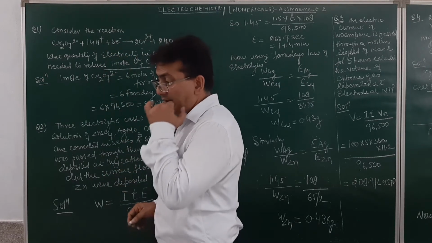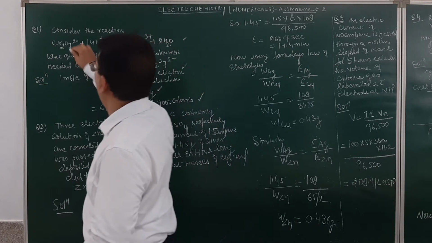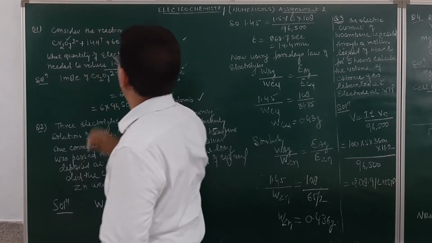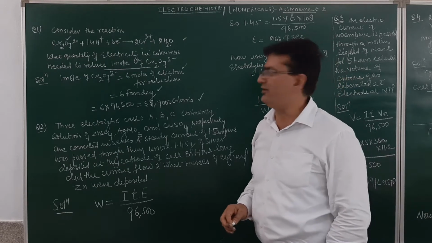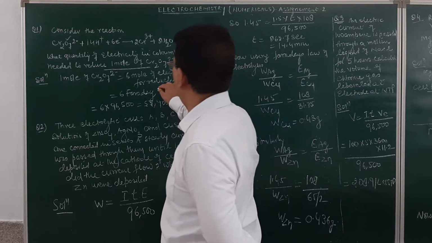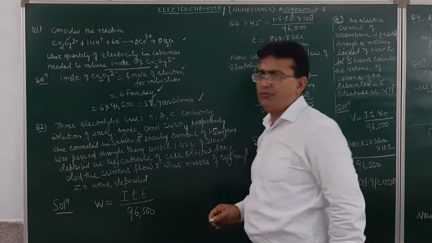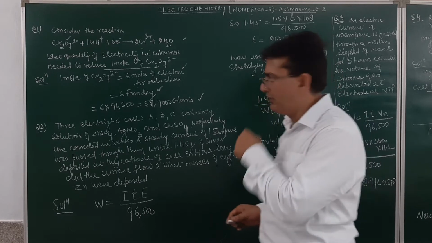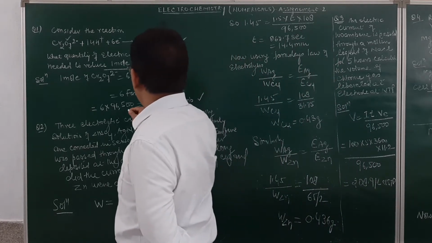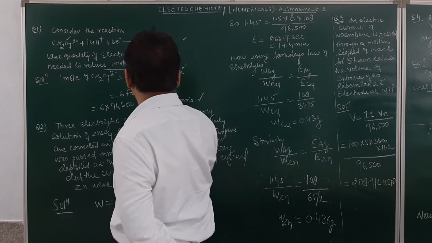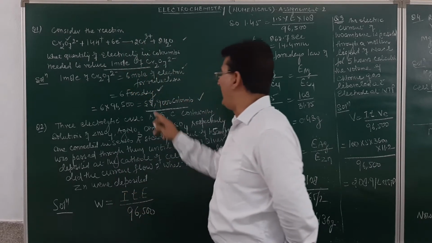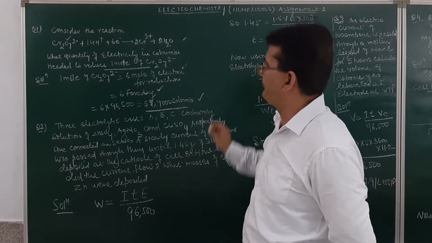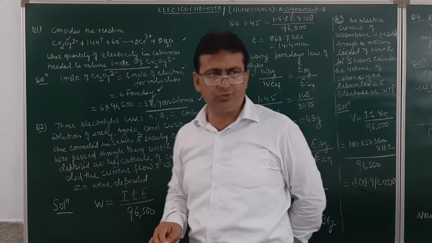To reduce 1 mole of dichromate ion, 6 moles of electrons are required. 1 mole of electrons carries a charge equal to 1 Faraday. So 6 moles of electrons will carry a charge equal to 6 into 96,500 coulomb, which comes out to be 579,000 coulomb. Is the question getting clear to you, students?